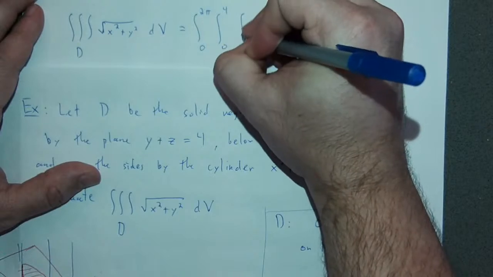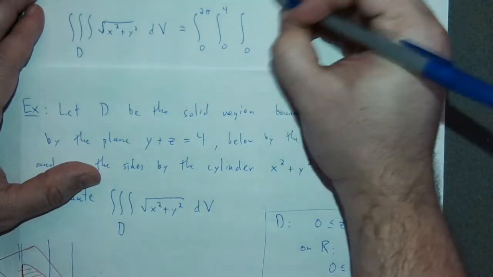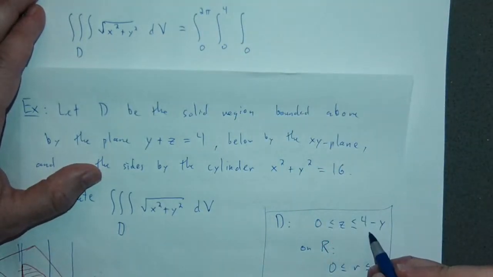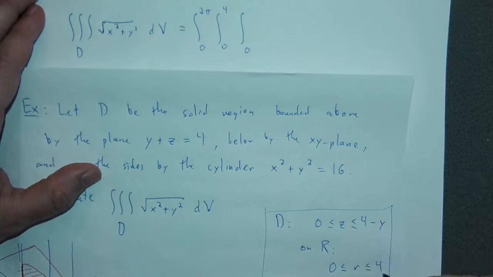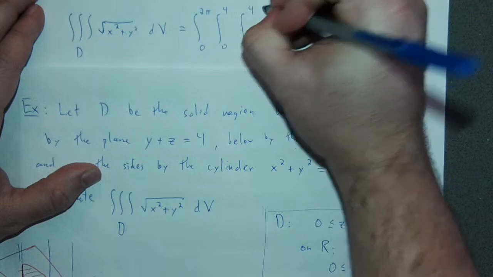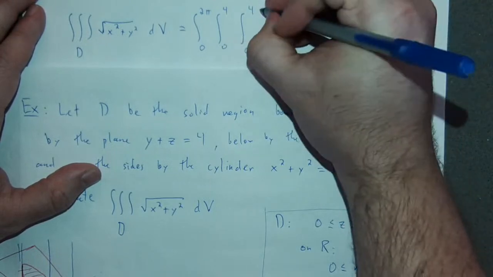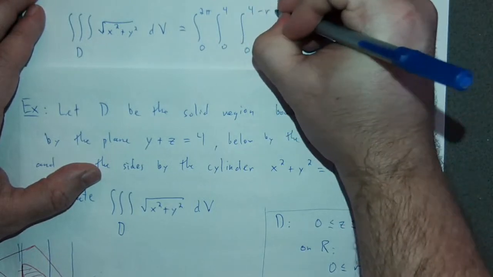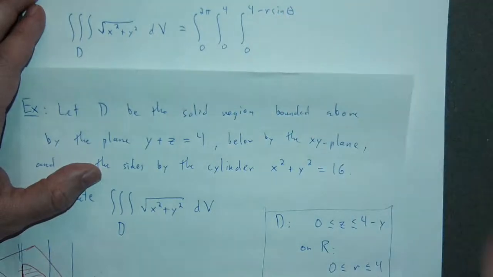The inner integral is the integral from 0 to 4 minus y, but at this step I am going to replace y with what y is equal to in polar coordinates, so this is r sine theta.